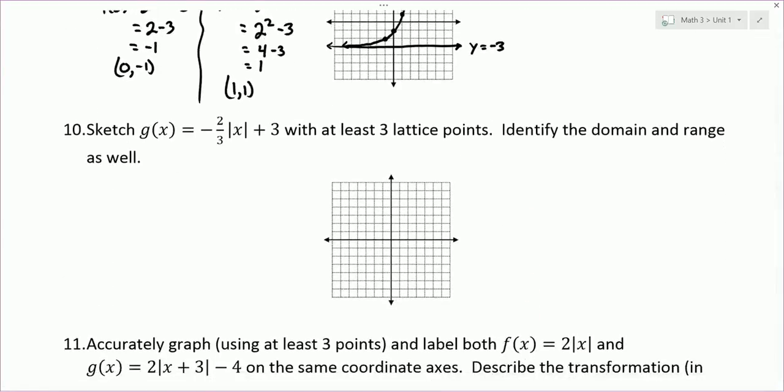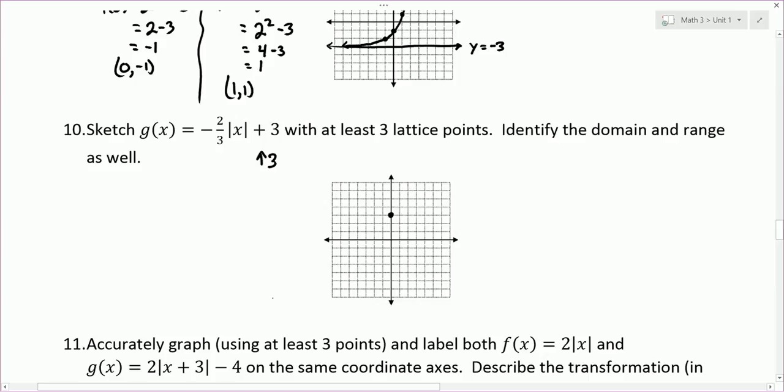Number 10, we want to sketch the absolute value equation. Remember, that looks like a V. The parent graph has a vertex or y-intercept at 0, 0, but this has been translated up 3 units from that. So I'm going to move from 0, 0 up 3 units. I have my first lattice point. Also, this is an absolute value.